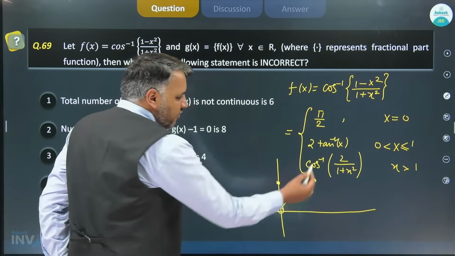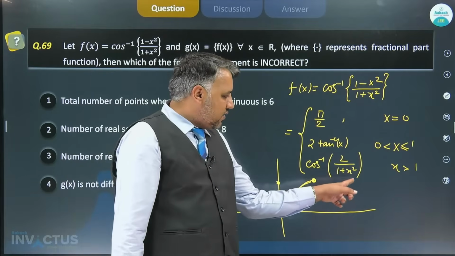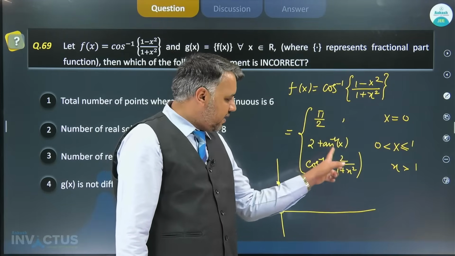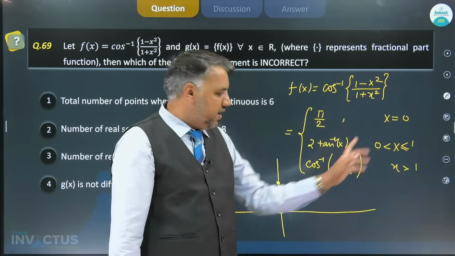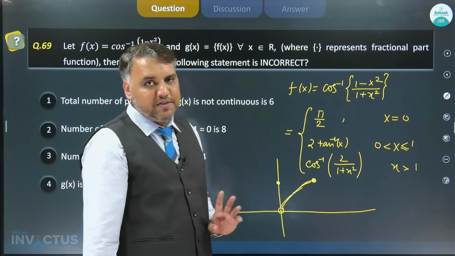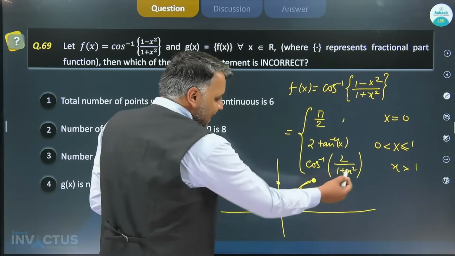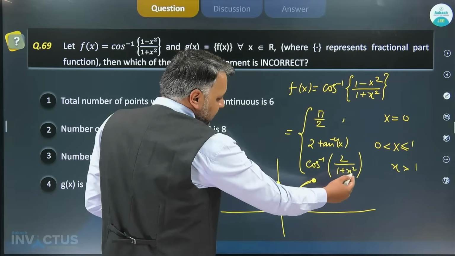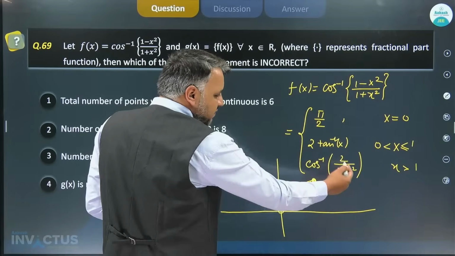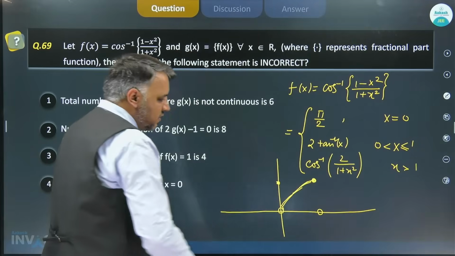Now after that, it will be cos inverse 2 by x square. Whenever we increase x, this overall input will be decreasing. Whenever x is greater than 1 and we move from x is equal to 1 to infinity, this overall input will decrease. So cos inverse will increase because cos inverse is again a decreasing function. At x is equal to 1, the value will be cos inverse 1, that is 0, that will tend to 0 from the right hand side of x is equal to 1.